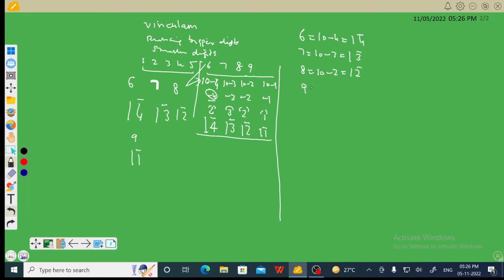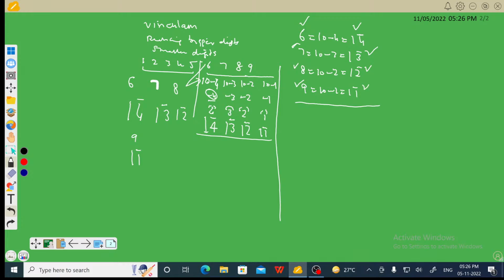And 9 is equal to 10 minus 1, and it is 1 and 1 bar. So 6 becomes 1 and 4 bar, 7 as 1 and 3 bar, 8 as 1 and 2 bar, 9 as 1 and 1 bar.